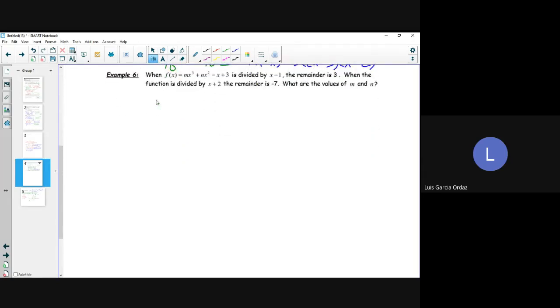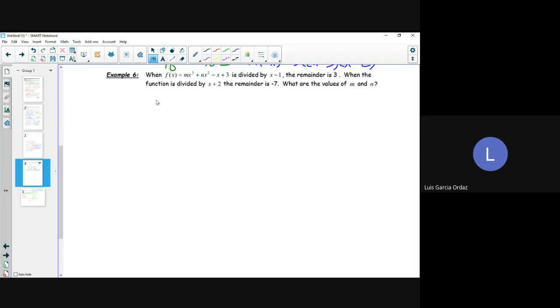And then we have our last example. When f of x is equal to mx cubed plus nx squared minus x plus 3 is divided by x minus 1, the remainder is 3. And when the function is divided by x plus 2, the remainder is negative 7. What are the values of n and m?